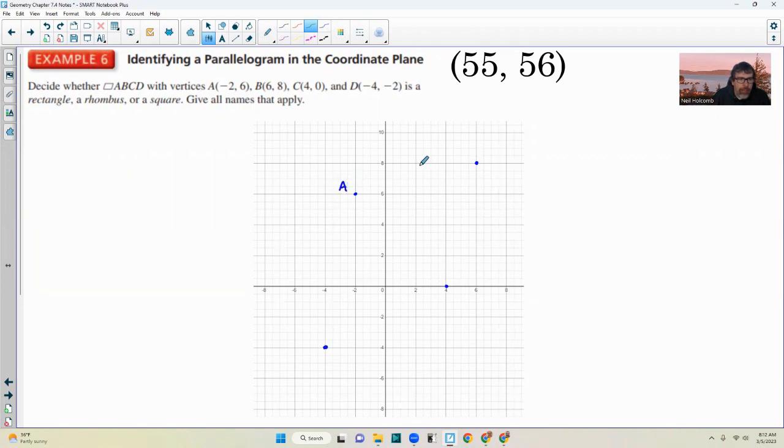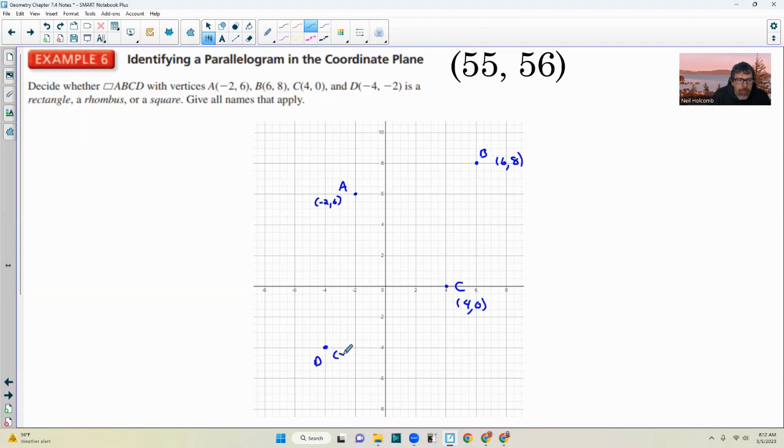So this is A, this is B, this is C, this is D, and then I'm going to put the coordinates of the vertices. So A is -2, 6. B was 6, 8. C was 4, 0.